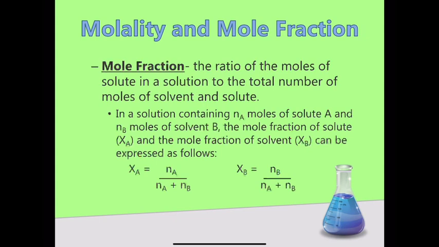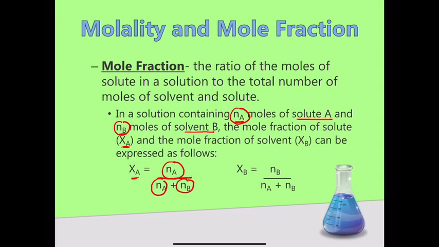So if we look at these X's and A's and N's at the bottom, if we have Na moles of solute A and Nb moles of solvent B, the mole fraction Xa is equal to the number of moles of solute A over the number of moles of solute A plus the number of moles of solvent B.